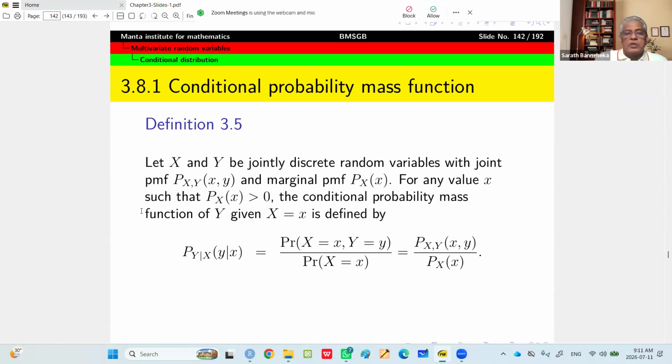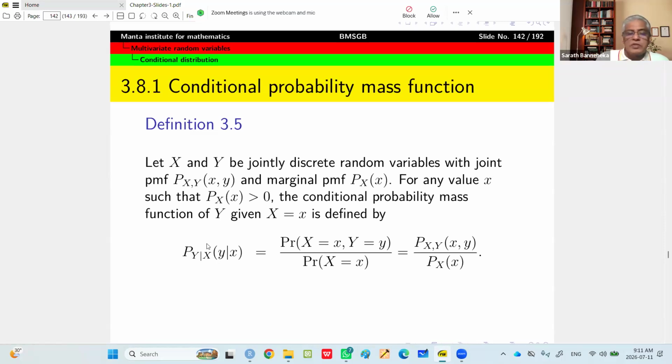Right. Different books use different notations to denote this conditional probability mass function. For this lecture, I will be using this notation. This is one of the common notations.